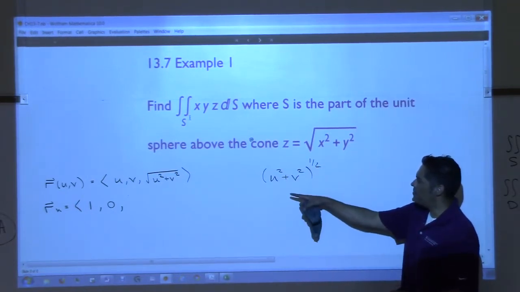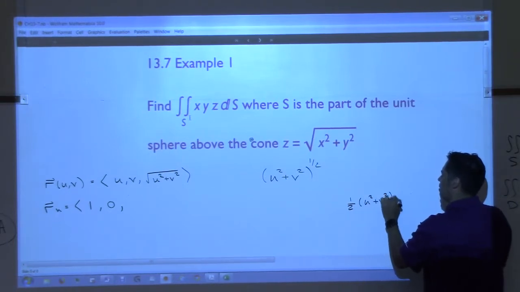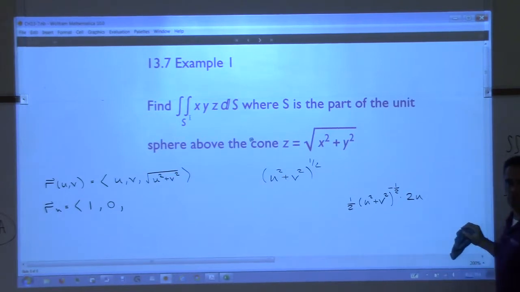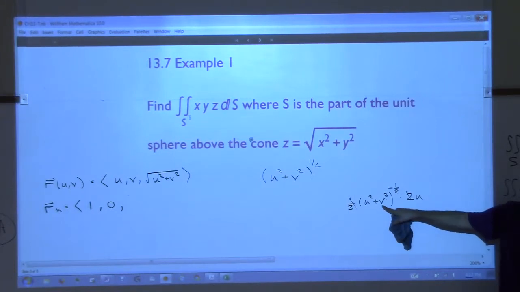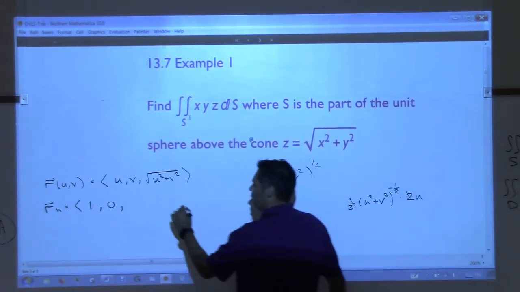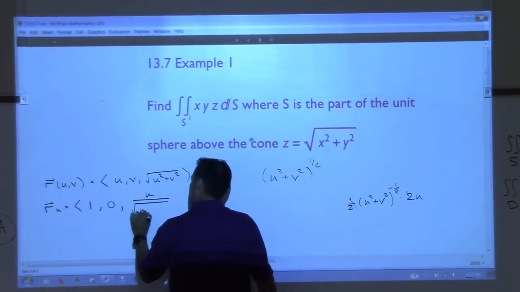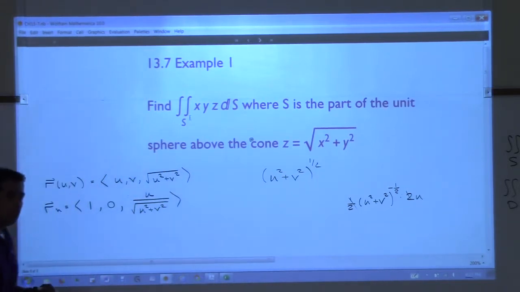The 1/2 comes out, u squared plus v squared to the negative 1/2 times the derivative of what's inside with respect to u, which is 2u. The 2 and the half cancel, so I should just get u over this thing. So u over the square root of u squared plus v squared. Okay, that's our partial of r with respect to u.